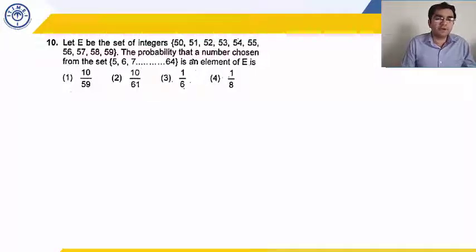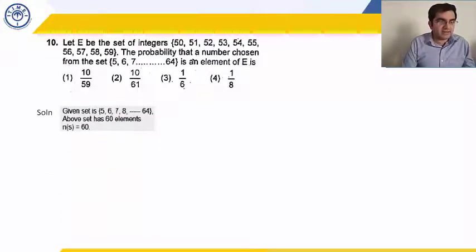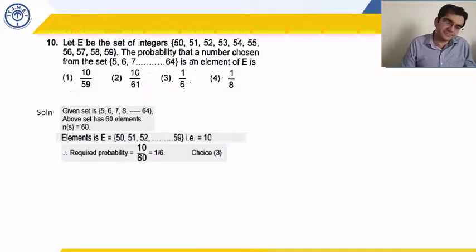Now what is numerator? Favorable number of outcomes. Favorable number of outcomes are from 50 to 59. That is 10. You get 10 possible integers. So the answer is going to be 10 divided by 60, and that is 1 by 6. Total elements 60, favorable elements 10, so the answer is 10 by 60.